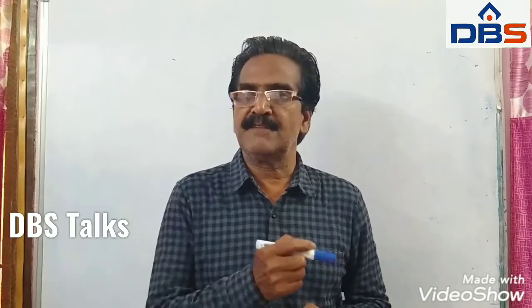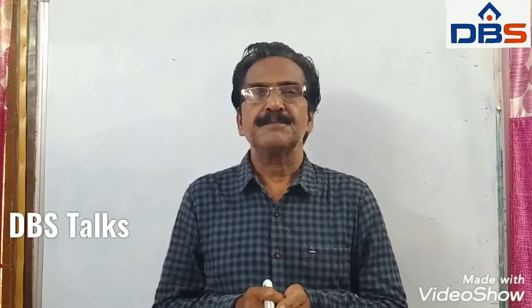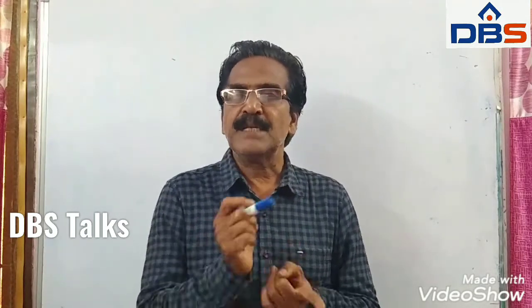What is the definition of mean deviation? The mean deviation of certain values, certain observations, certain scores, is the average of absolute distances or absolute deviations of the values from the central value, that is the mean.